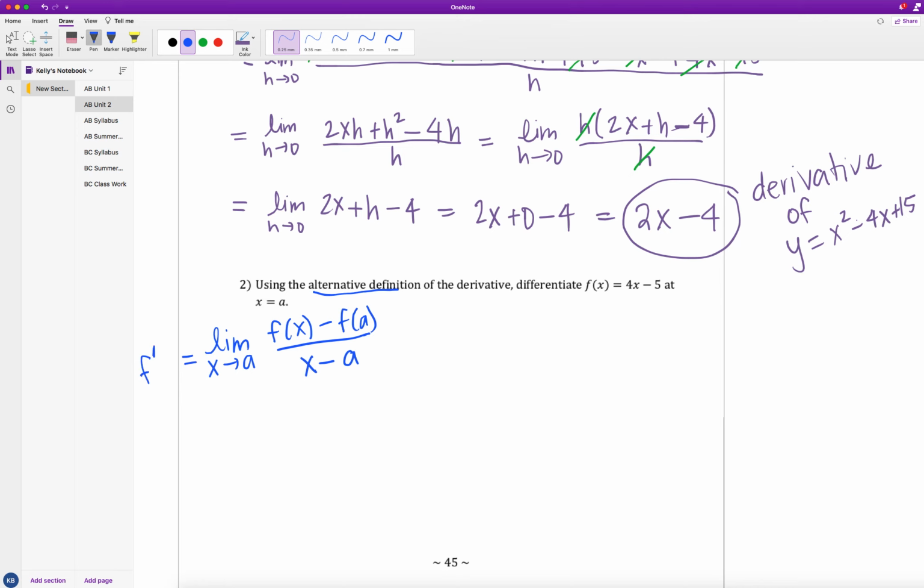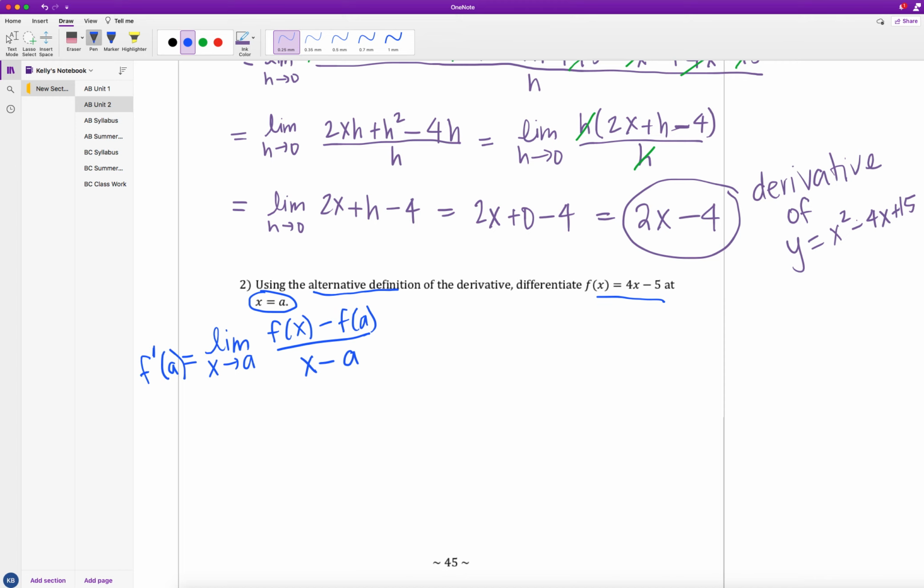This represents f prime at a, since it's specifically representing the derivative at that value a. We're going to use this to differentiate the function f of x, which equals 4x minus 5, at x equals a in general. It might seem silly that I'm replacing a variable with another letter, but this is still representing that same value. So I'm just going to substitute in a instead.